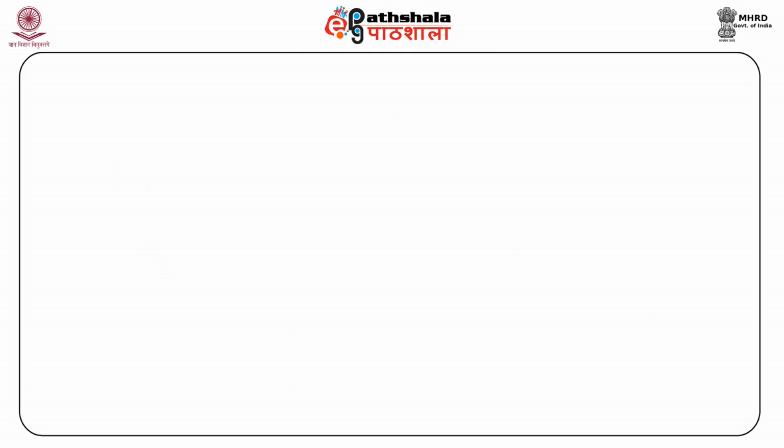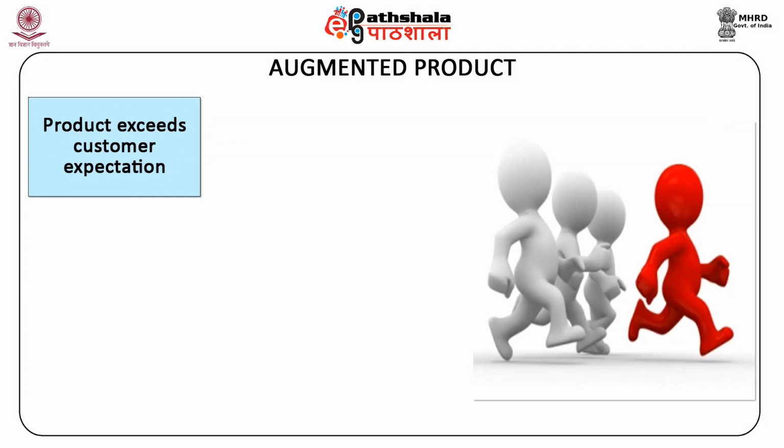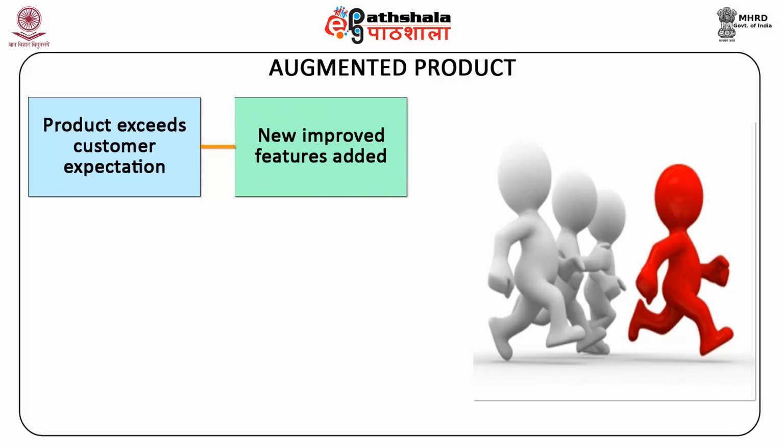The next step we will talk about is level 4, that is the augmented product. At the fourth level, the marketer prepares an augmented product that exceeds the customer's expectations. At this level, new improved features are added to the product which are not being offered by any competitor.